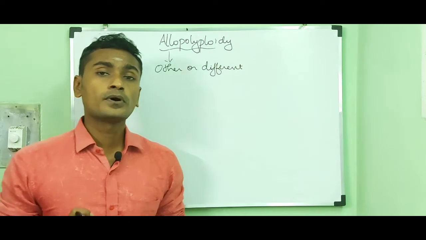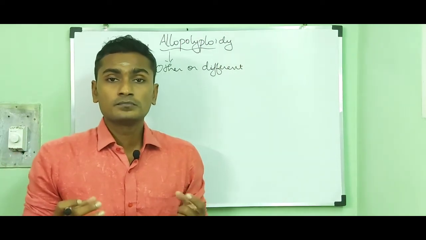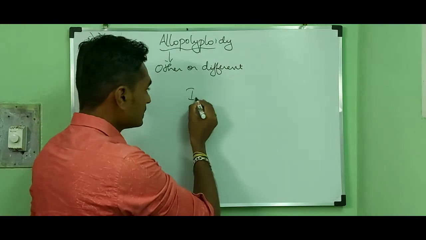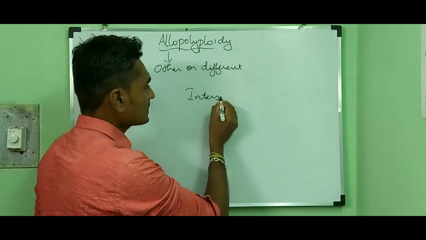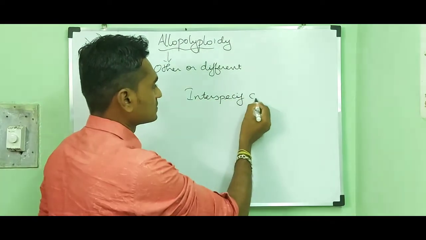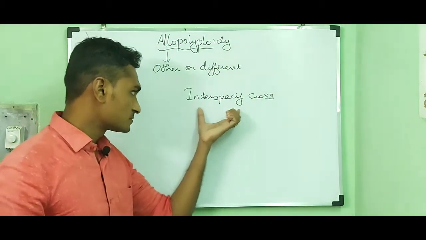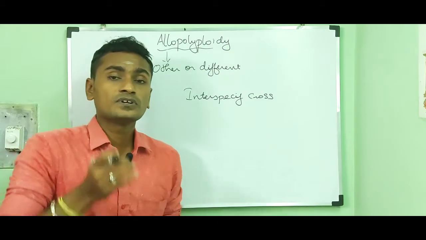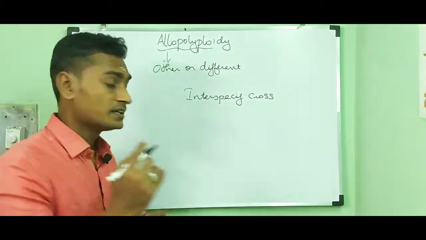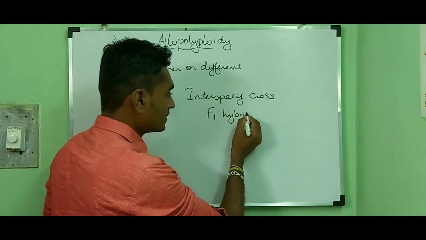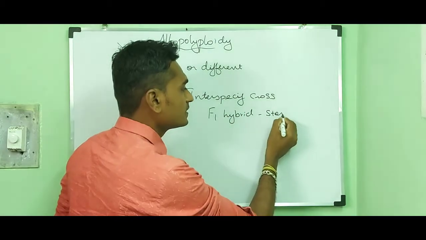Allopolyploidy can be developed by interspecific cross. Due to that interspecific cross, the F1 hybrid may be sterile in nature.